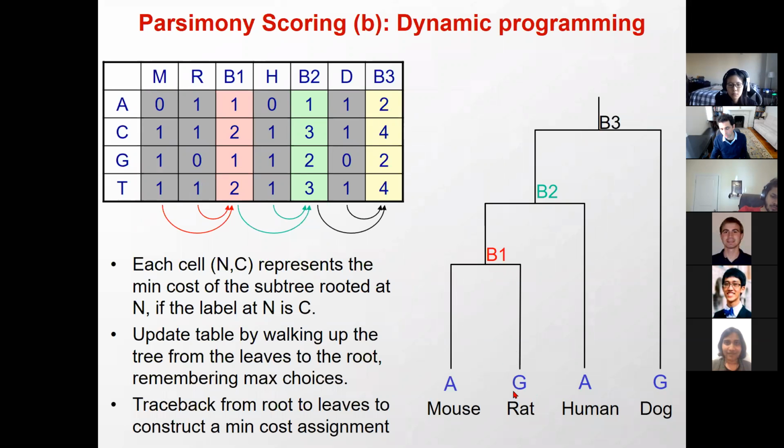Whereas if I set it to one of those two values, then I pay no extra cost. Is everybody with me here on this column? So what I'm doing is using these penalties to compute what would be the minimum score that I can have given the children of every one of those nodes and given the cost that I would be paying to change into each of those.